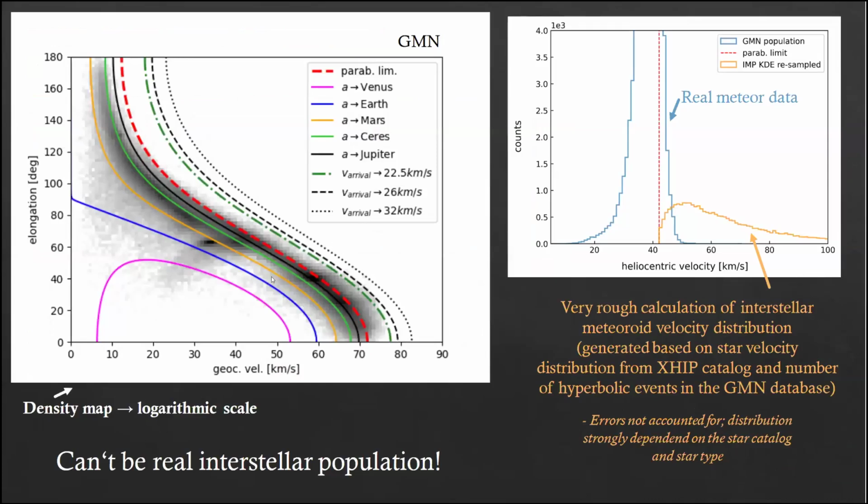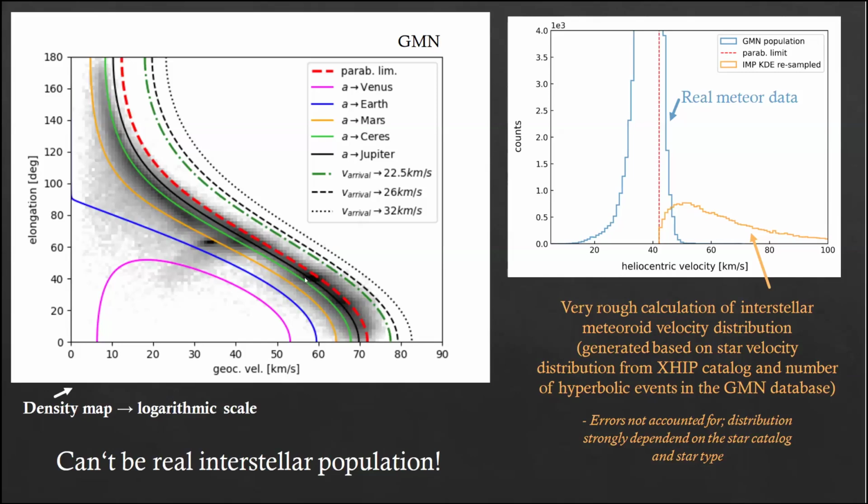And just to make it clear that the bulk of the distribution is really below the parabolic limit, I have made a density map for this, but you can see that there is really that spread beyond the parabolic limit, even here with the higher velocities around where we expected this median is.